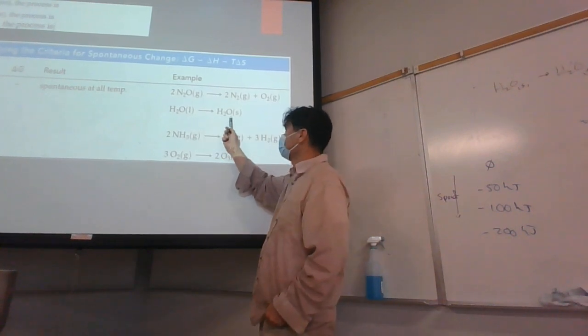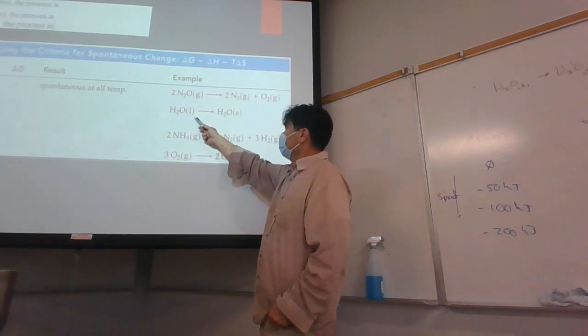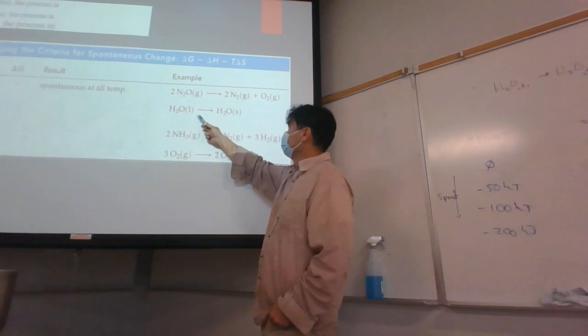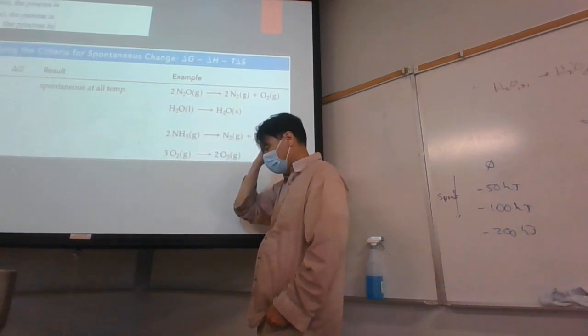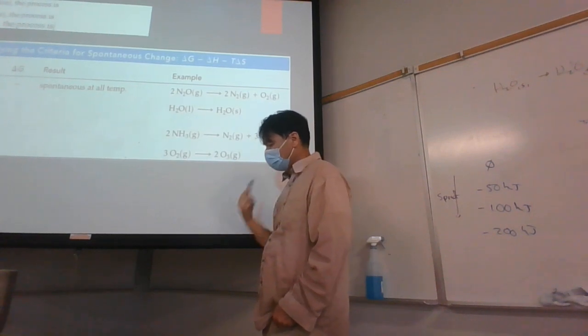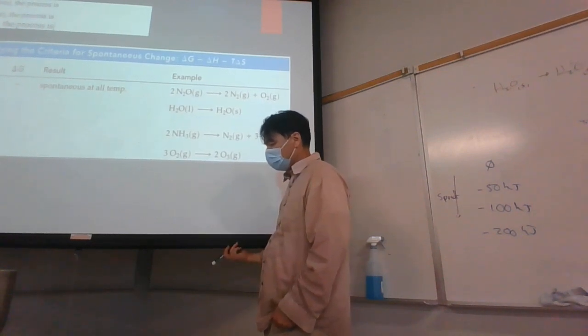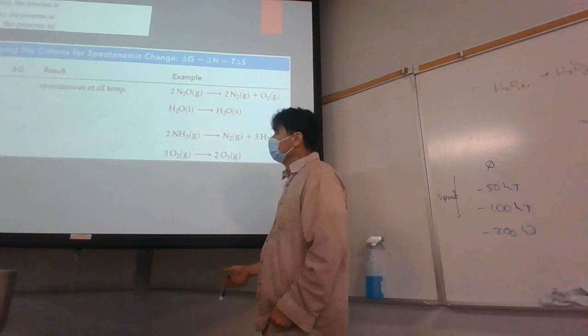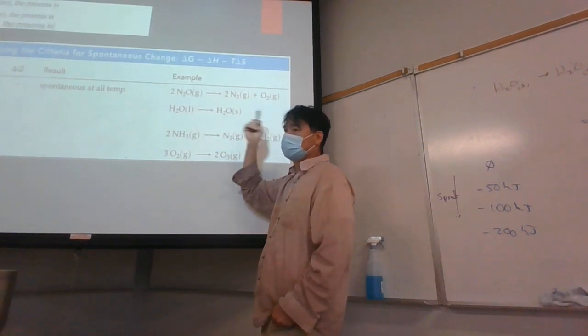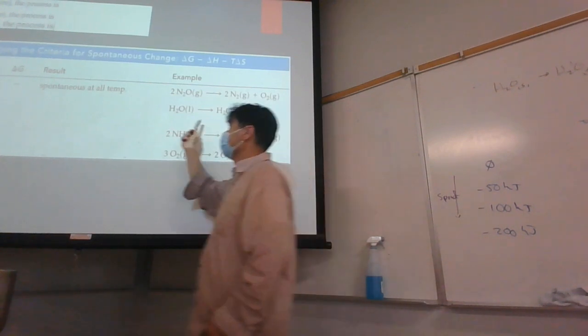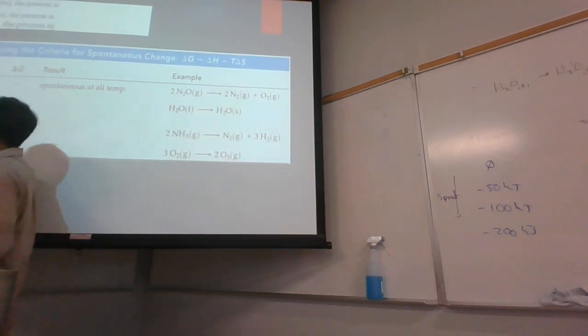We go to liquid to solid here. Delta H here, okay, if we freeze water, delta H is going to be negative or positive? Do we have to remove energy or do we add energy to freeze water? Remove, so it's going to be exothermic. So this is going to be favorable.